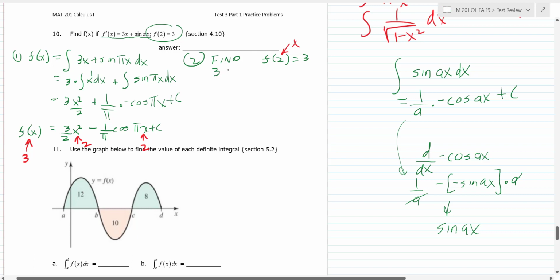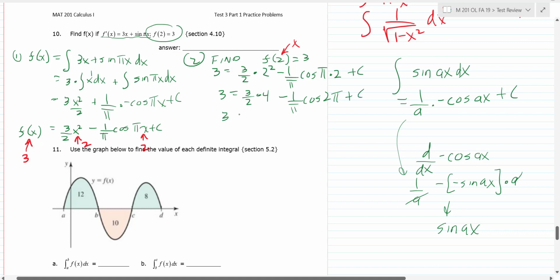So you'll have 3 equals 3 halves times 2 to the second minus 1 over pi cosine of pi times 2 plus c. So this is 3 equals 3 halves times 4 minus 1 over pi cosine of 2 pi plus c.